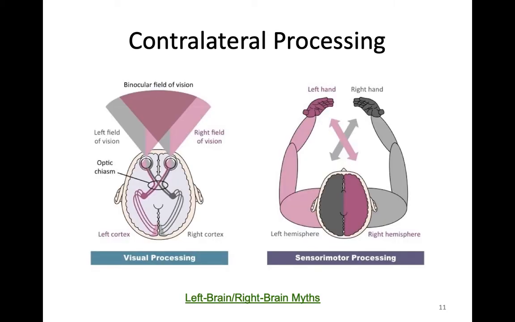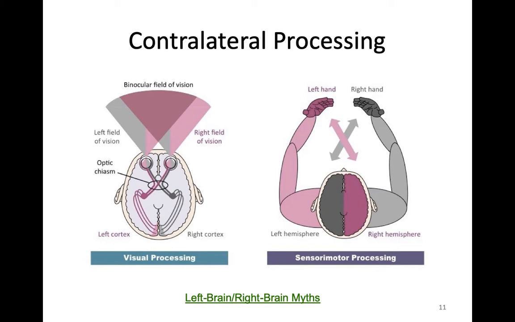Now, what is the case with regard to our left side and our right side is we're set up in a very interesting way, which is that our brain processes information on the opposite side. And this is called contralateral processing.